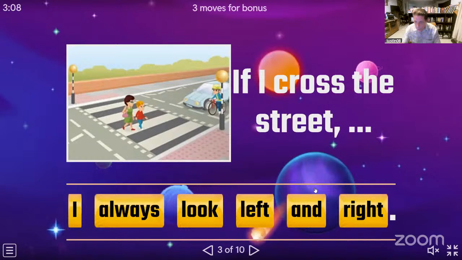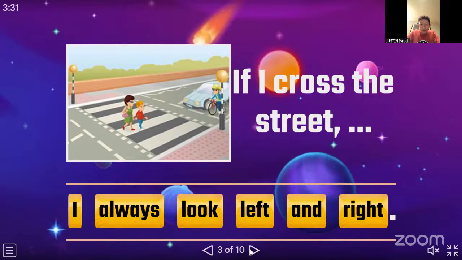This one is also real, but we use the zero conditional in the case of something that is always true. It's like a routine. It's something that I always do. So in this case, we don't use will, we just use the present tense. Simply, I always look left and right. Okay. Jay, is that clear? Yes. Clear. Okay, so this is the zero conditional.